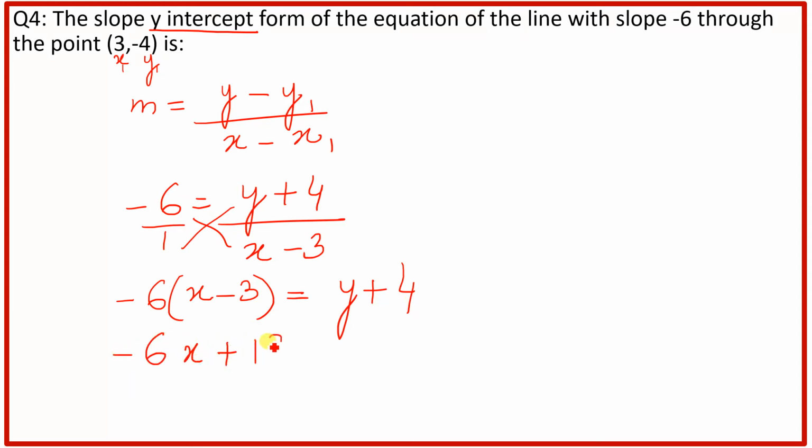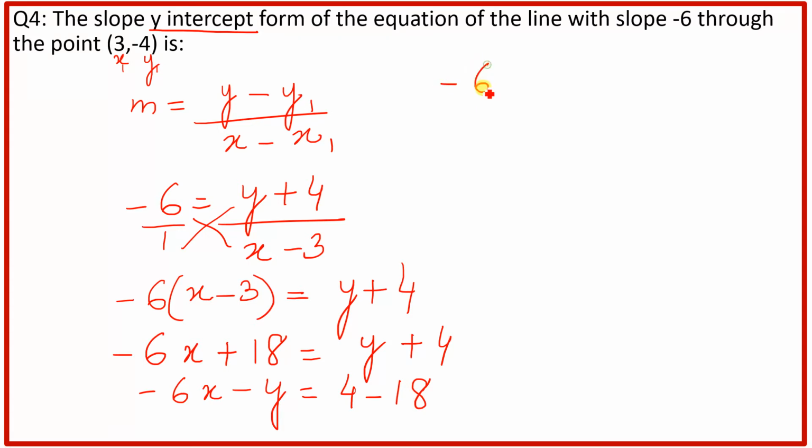So -6x + 18 is equal to y + 4. Now -6x, or I will write it like this, 4 - 18, so it will be -6x - y, which is equal to -14.